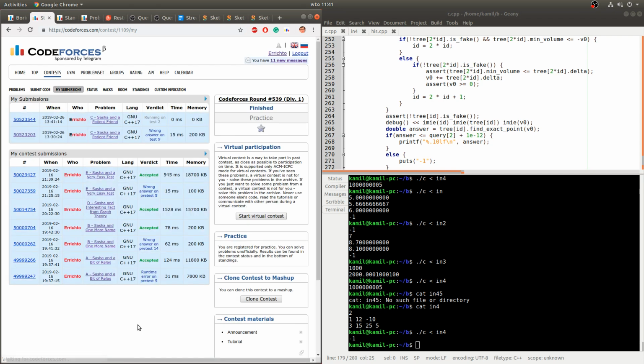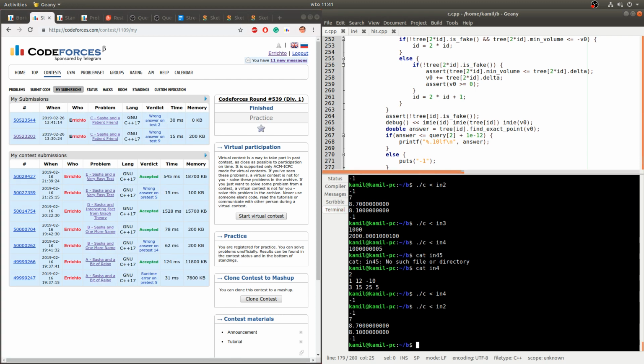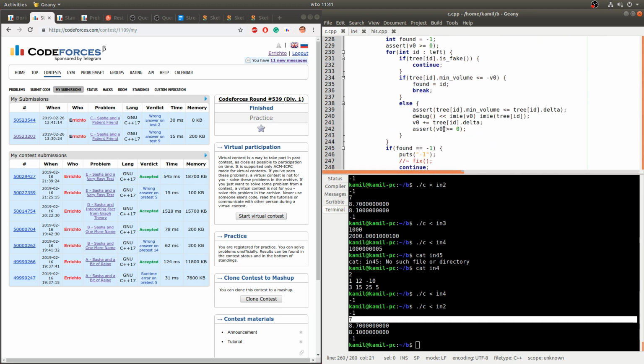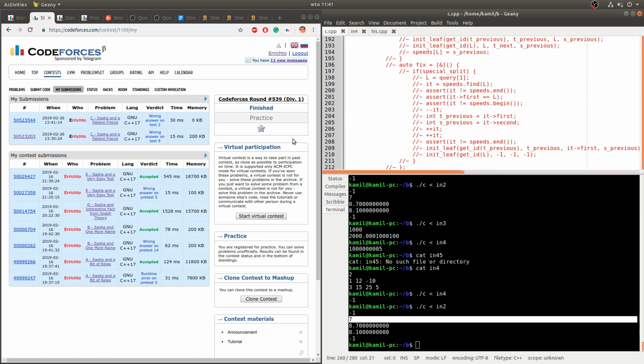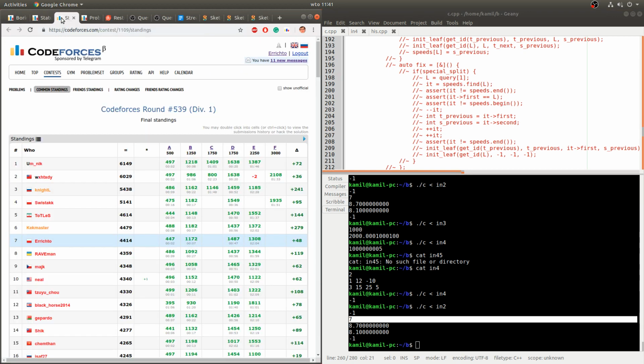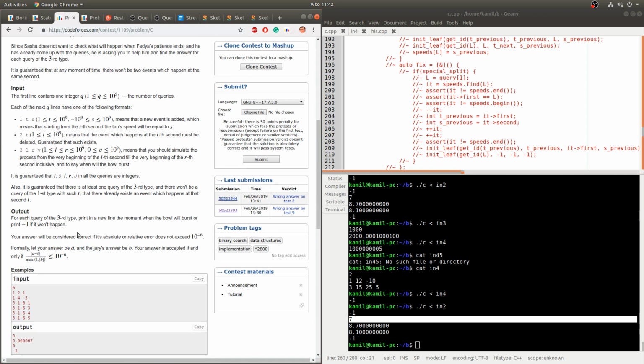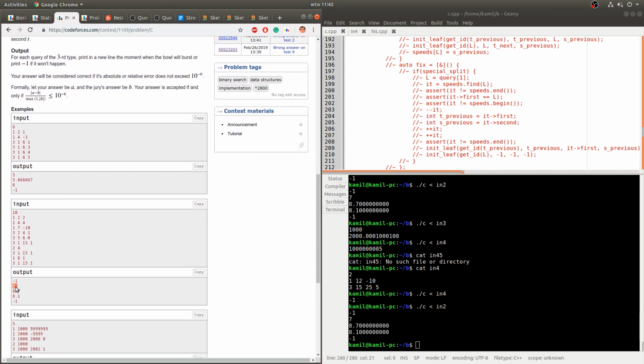So because I thought that the last event before the given interval also matters, I took that previous segment and split it into two. What is wrong in second one? Okay, I missed something here. Okay, so here I print 7 instead of 5.